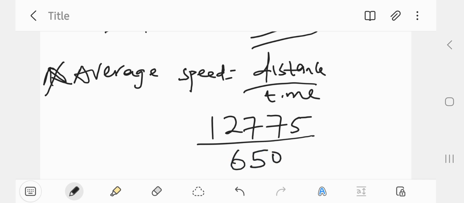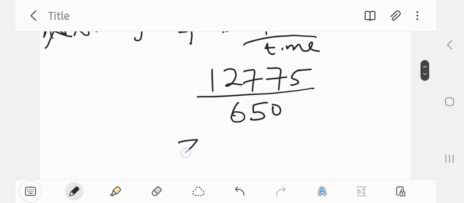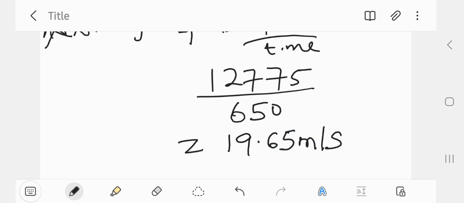So if you do that quickly, you're going to have that the average speed is equal to 19.65 meters per second. Yay! We did it together.